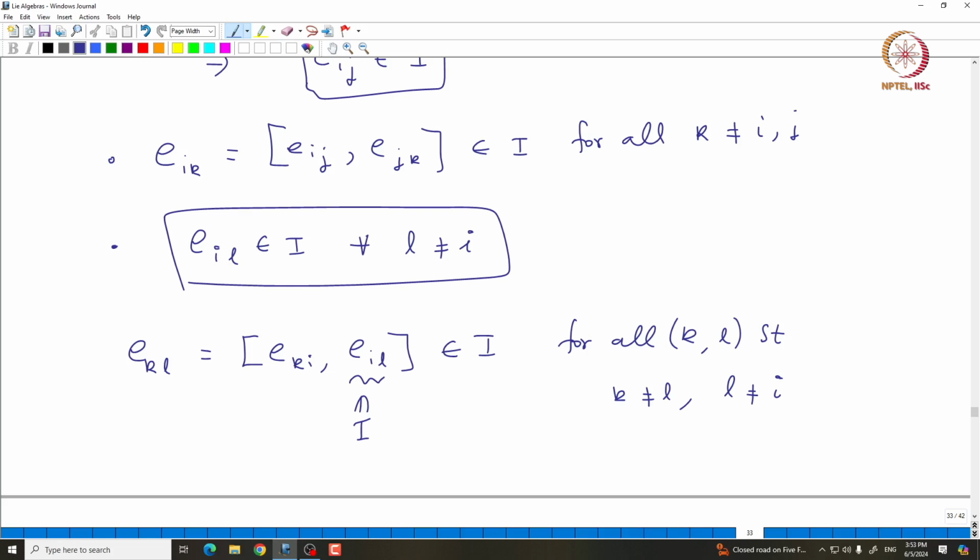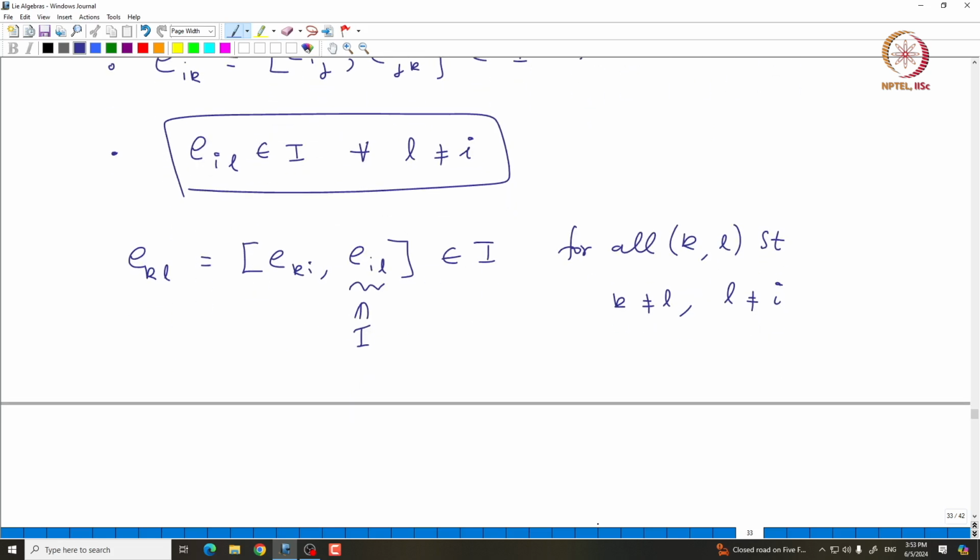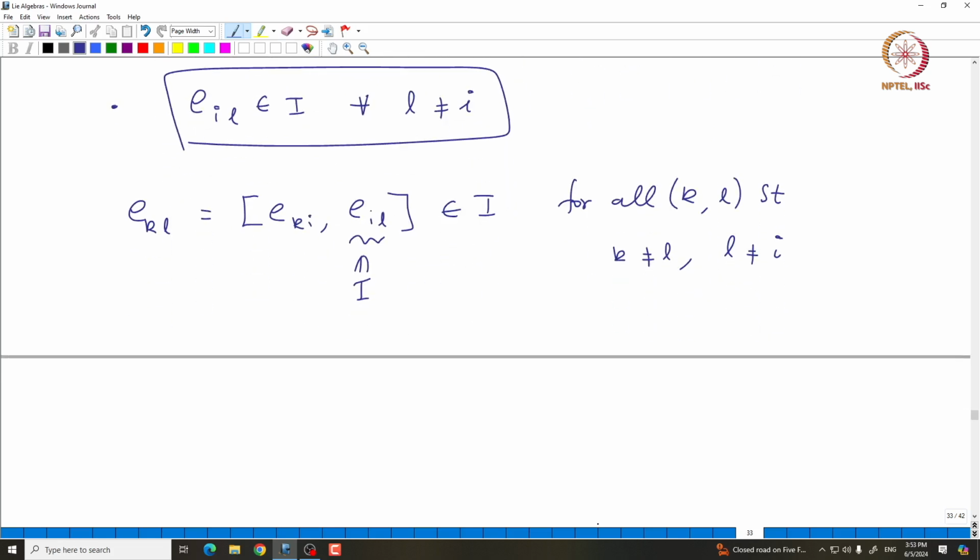Now it is not hard to see that again this minus 2 E_KI is there.